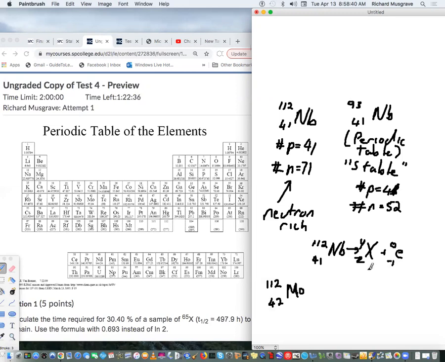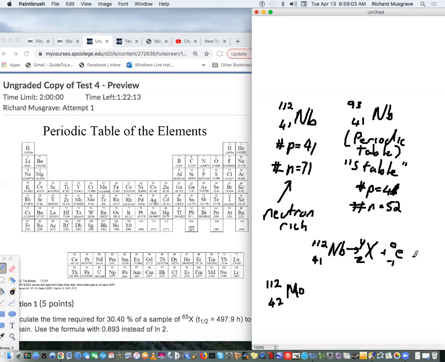But the other reason, which is kind of the more advanced reason that I want to discuss here, is that if something is releasing an electron, what it's effectively doing is turning a neutron into a proton plus an electron. So you can see that the atomic number is going up by 1. That means a proton is being added, but an electron is being released.